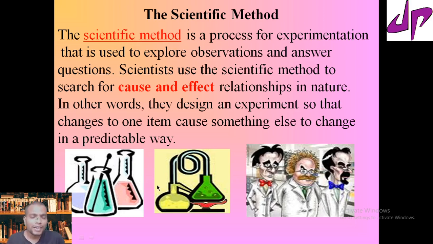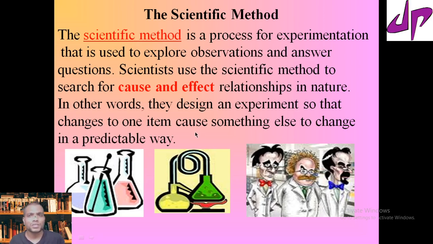Now here I would like to define what the scientific method is. The scientific method is the process of experimentation that is used to explore observations and answer questions.